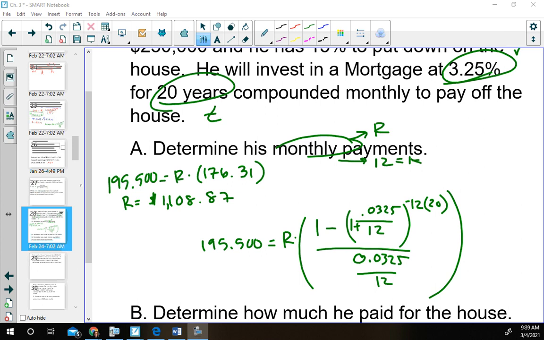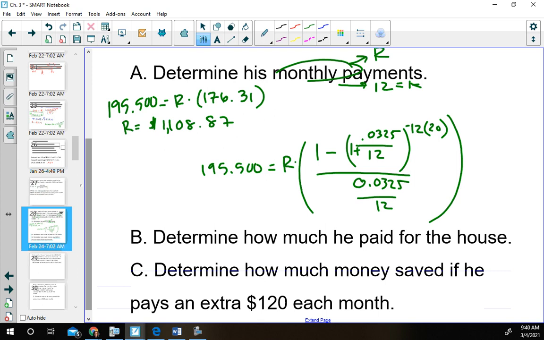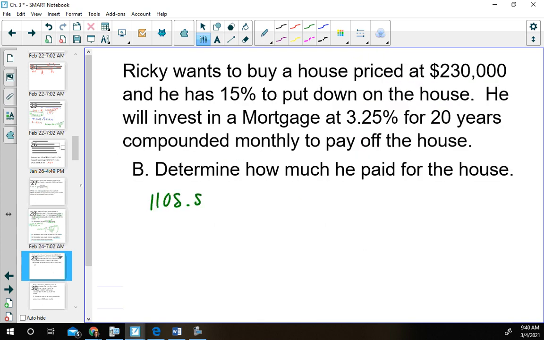So then our next one, we're going to determine how much we actually paid for the house. So I'm going to take that and figure out all my months and years here, what it's going to be. So to answer B, I'm going to take 1108.87, and I'm going to times it by, we did 12 months per year, and we did it for 20 years. So I'm going to take that, multiply them out. 1108.87 times 12 times 20. 80 cents.